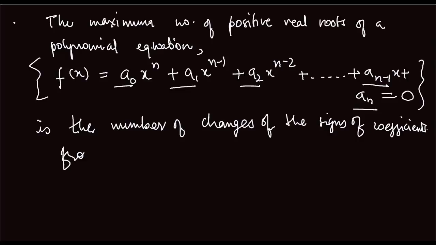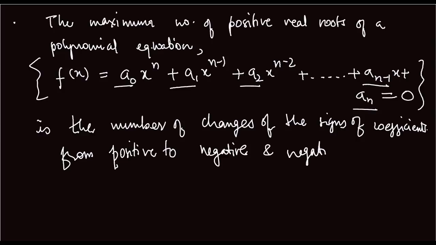What will be the changes of signs? Positive to negative and negative to positive. So the maximum number of possible positive real roots of a polynomial equation is the number of changes in the sign of the coefficients, from positive to negative or negative to positive.